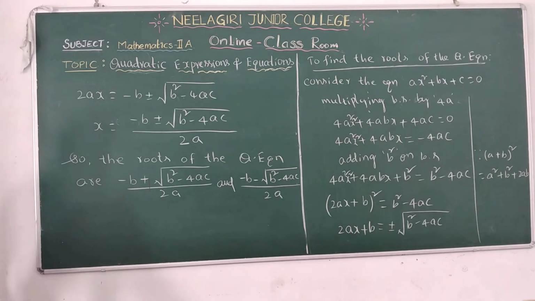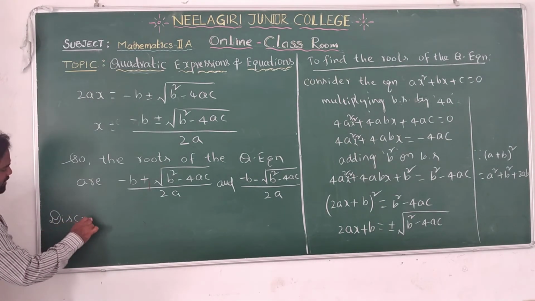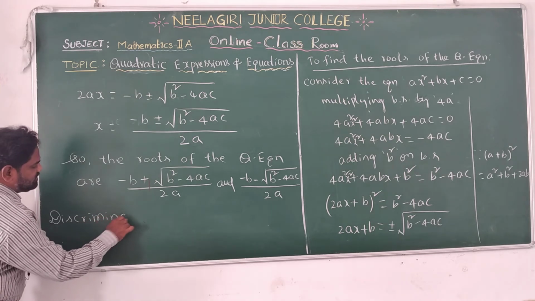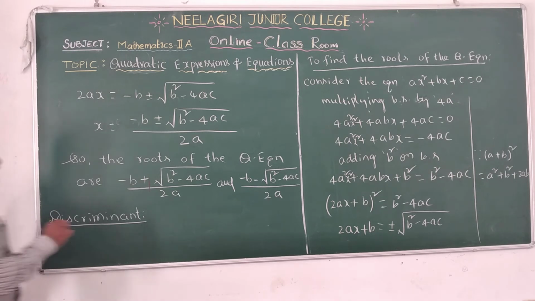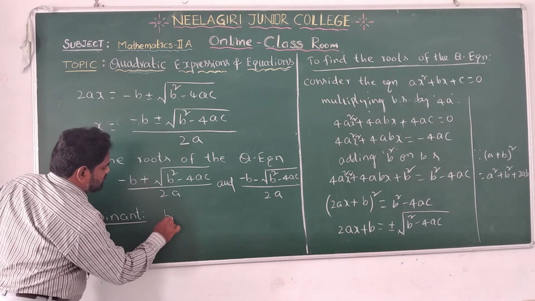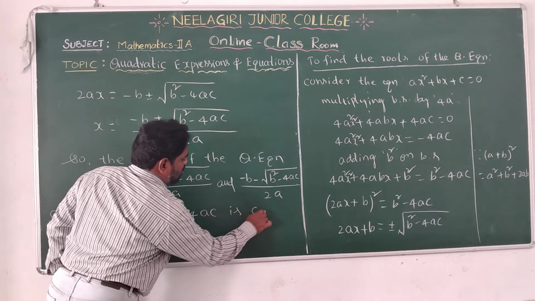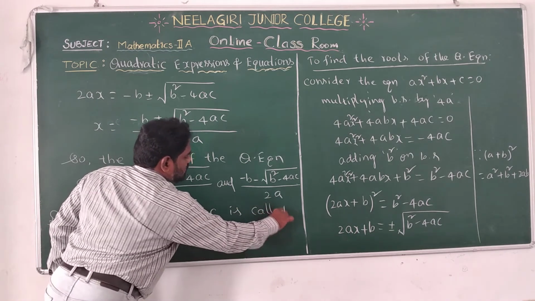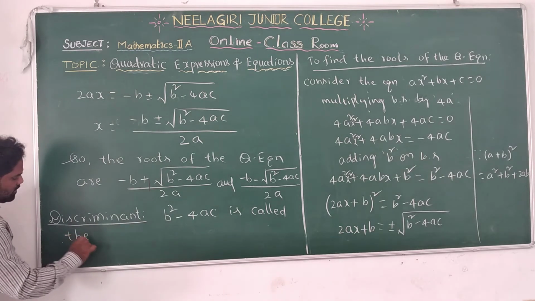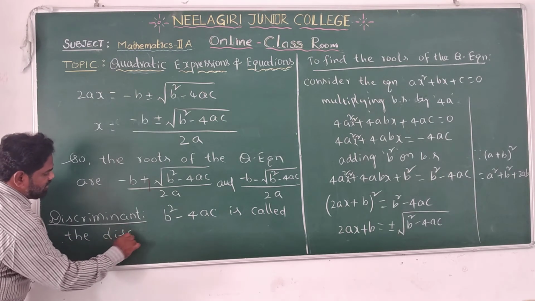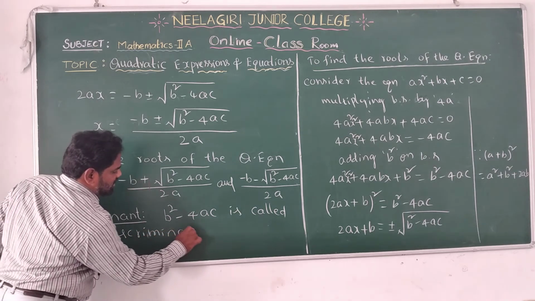Now, one important thing here is the discriminant. Let us see what the discriminant value is. b square minus 4ac is called the discriminant of the quadratic equation.